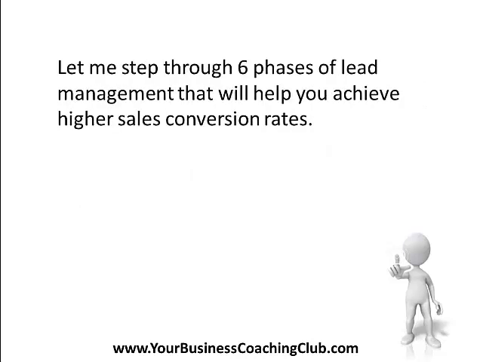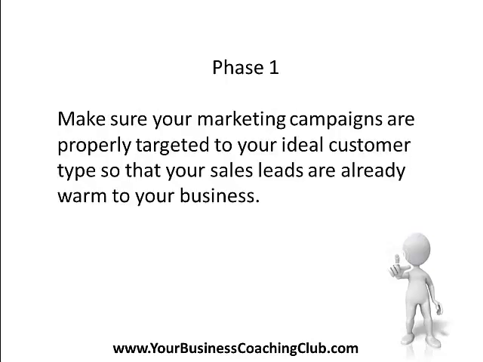Let me give you a process here that I'll step you through. So 6 phases of lead management that will help you achieve a higher sales conversion rate. The first phase, absolutely imperative, is that you make sure that any marketing that you do, any campaign that you run, is properly targeted to your ideal customer type. In that way, your sales leads that come to you will already be warmed up to your business, and already be warmed up to your selling proposition.